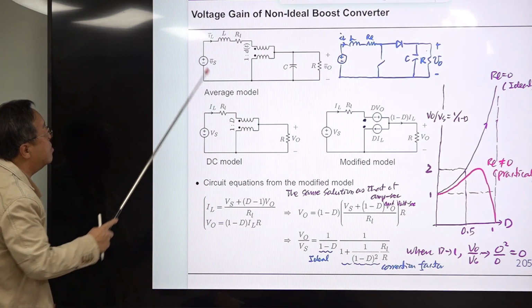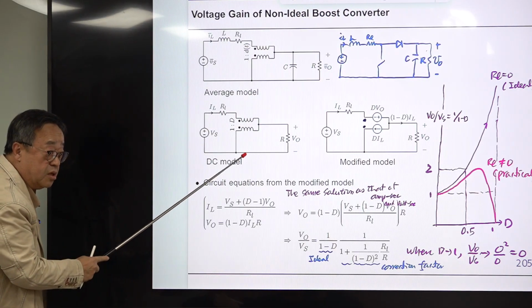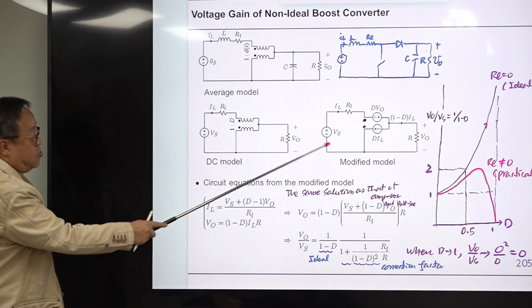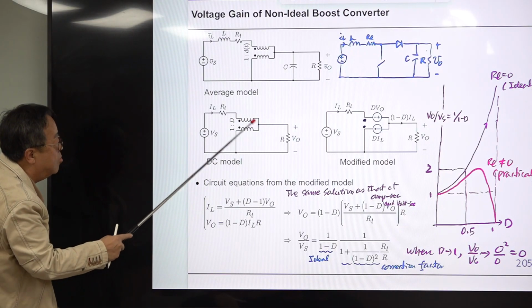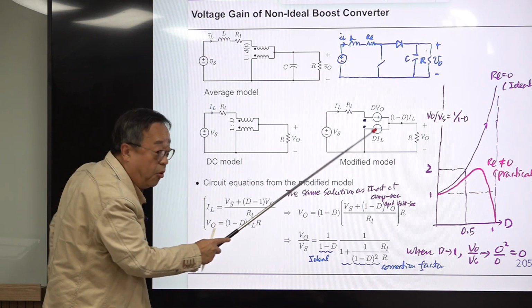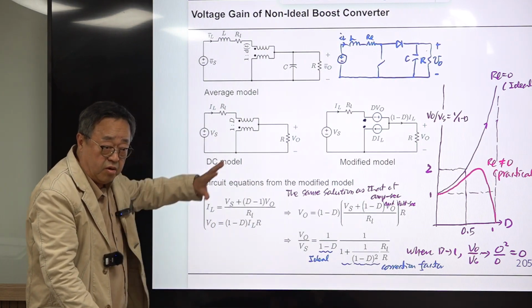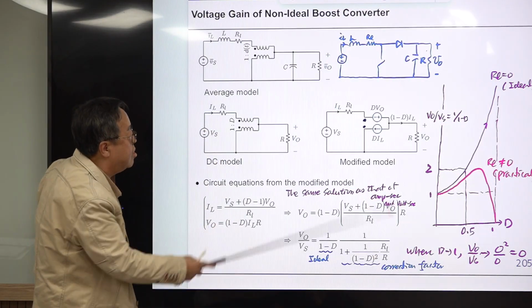This is the DC model. Assume this is shorted, this is opened, then you have this. Then to solve this equation, replace this ideal voltage source with this current source and voltage source. You can do this the other way around, but this is the most convenient.